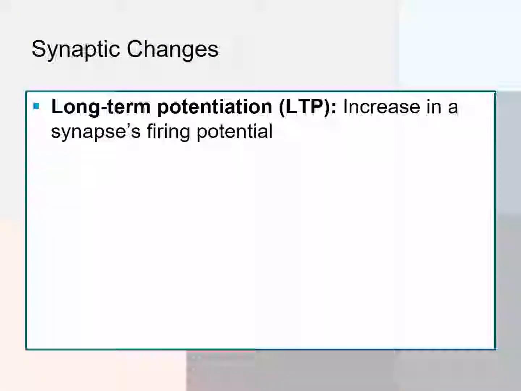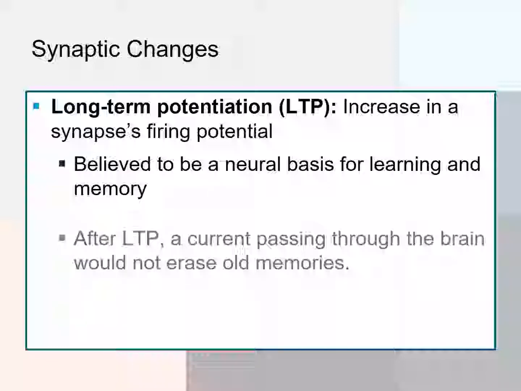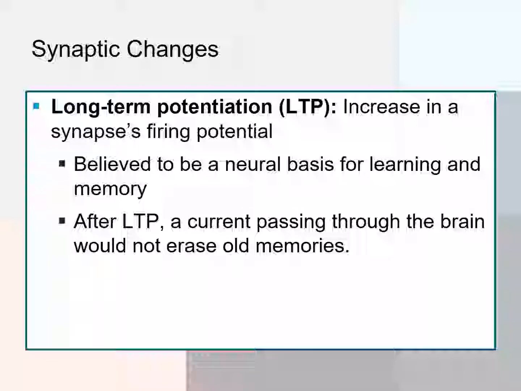So there's something called long-term potentiation, or LTP. This is an increase in a synapse's firing potential. It's believed to be a neural basis for learning and memory. After long-term potentiation, a current passing through the brain could not erase old memories.